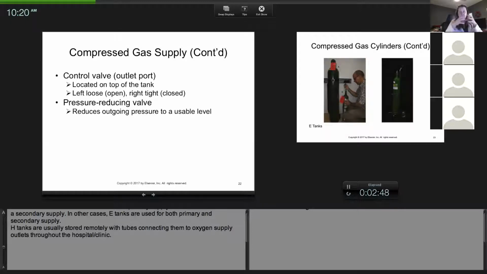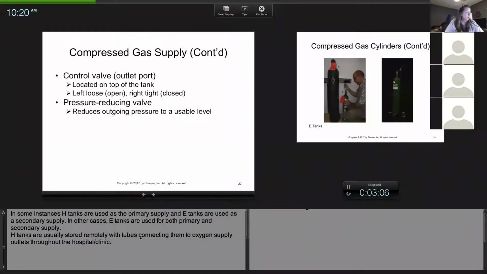Well, there's the gauge that tells you how much oxygen is in your tank. That's first. So when you turn it on, you need to see how much pressure is in your tank. Right after that, you have a pressure reducing valve, remember, that slows it to a workable pressure, which is usually 50 PSI.